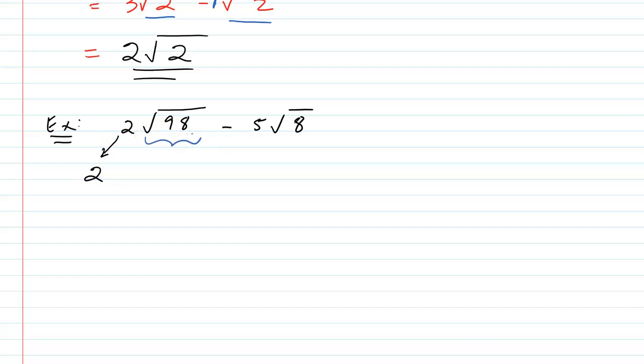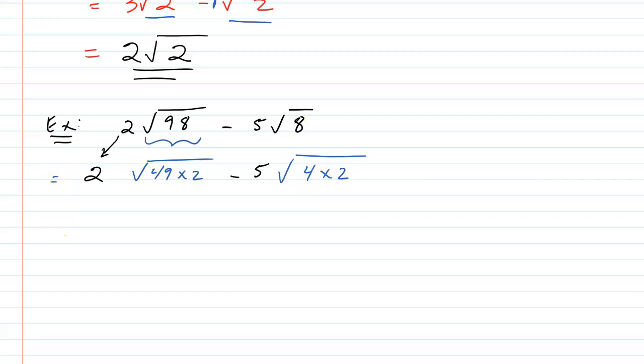The root 98, well, 49 is a factor of 98 and it's a perfect square, so this would be 49 times 2. I'm just going to do it once, and then you can see how it goes. The 5 comes down, and root 8 is 4 times 2. Again, one of the factors must be a perfect square factor. Now you can simplify.